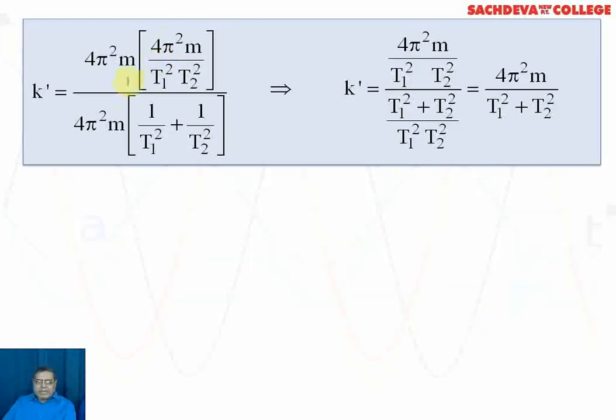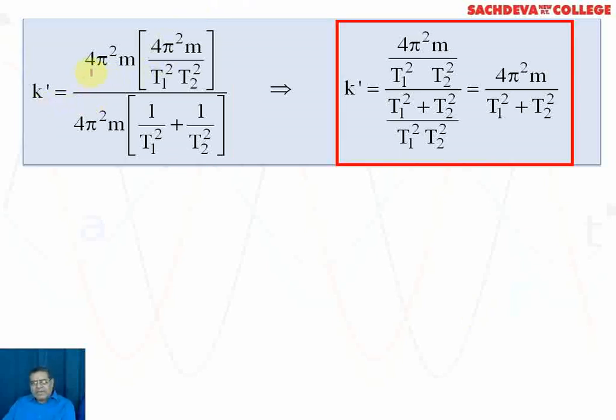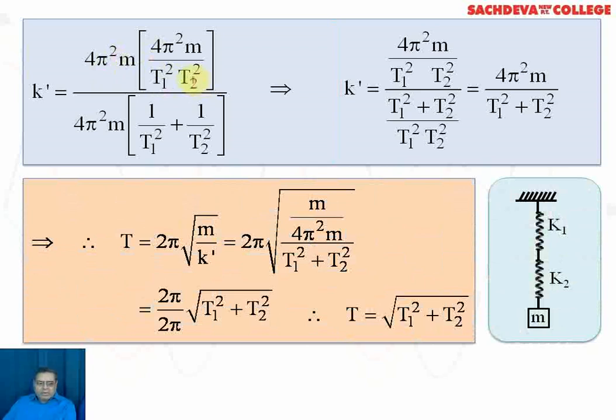So the final result, k dash, we have computed the values as I have suggested earlier. Then we get the value of k dash, and our final result will become k dash is equal to 4 pi square m over T1 square plus T2 square. Now, T is known to us, 2 pi under root m over k dash.